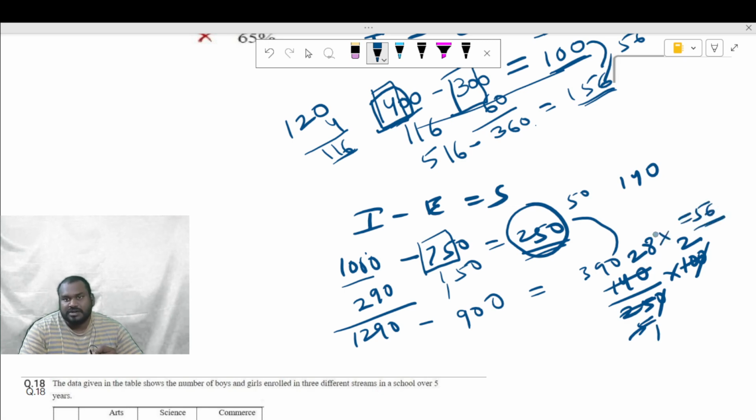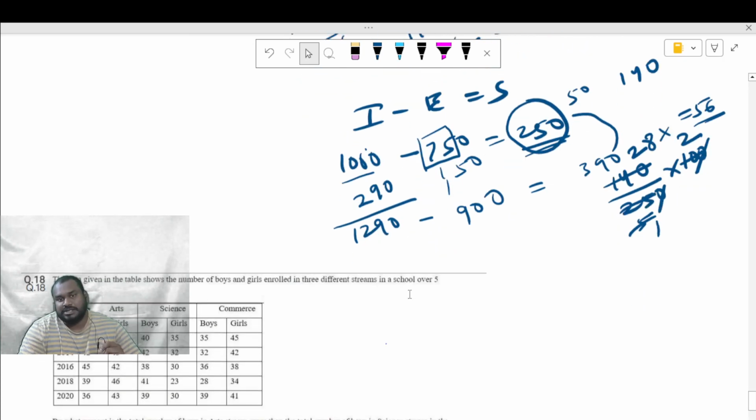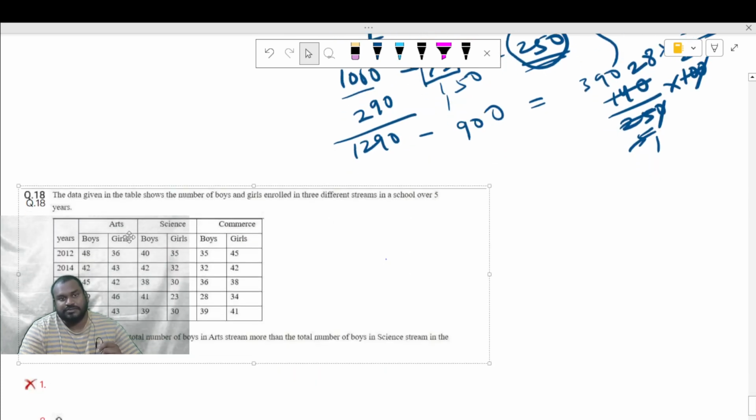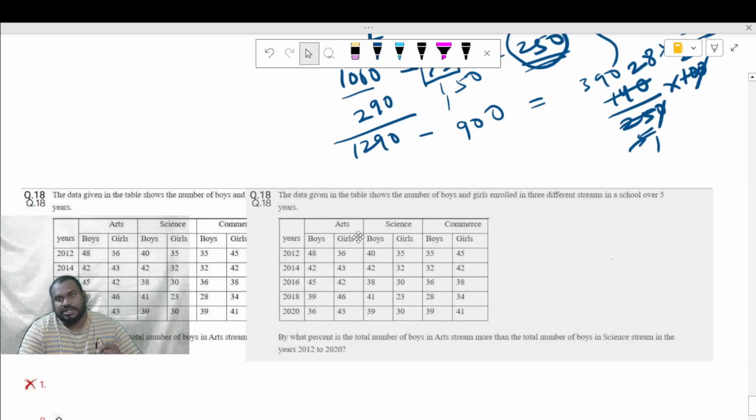You got it or not? You can do it in any way. You just assume some value and, according to the conditions given in the question, move forward. You will definitely get the answer, no matter what value you have taken.